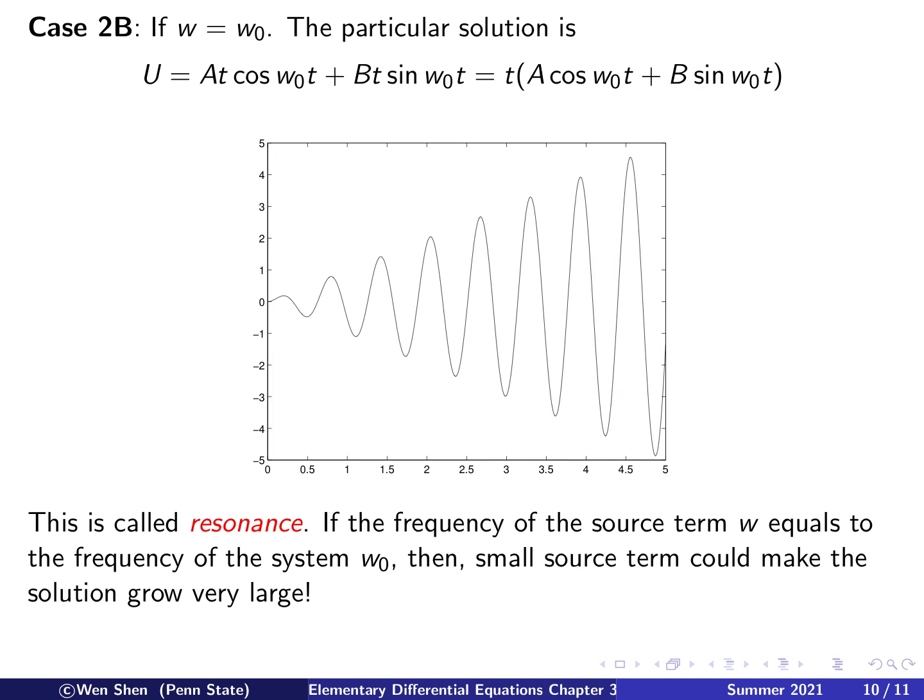So this phenomenon is called resonance. It happens if the frequency of the force, the source term ω, equals the frequency of the system ω₀. In this case, even a small source term could make the solution grow very large if you wait long enough.